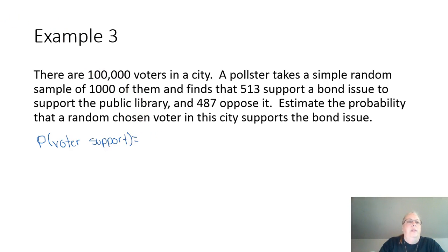And up here, it tells me that 513 support the issue, so that's going to be our numerator in our fraction. And then our sample space will be right here, the sample of 1,000 people. Right, and so our decimal is going to be 0.513.